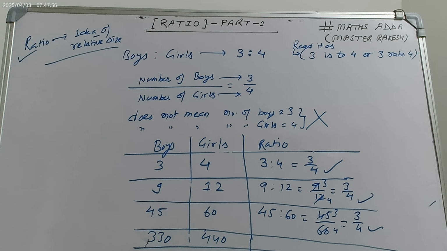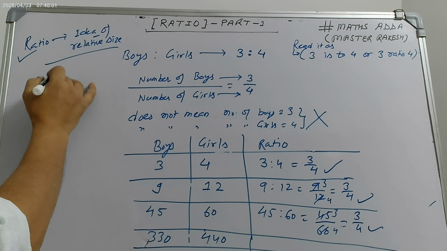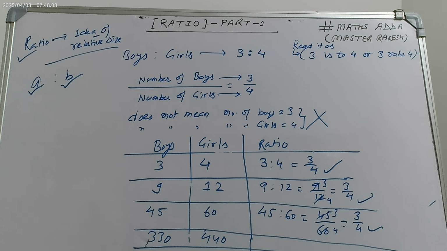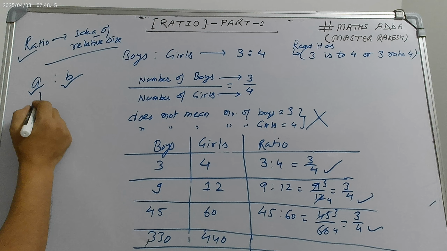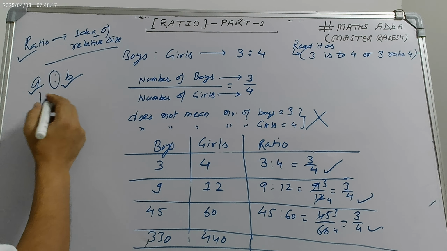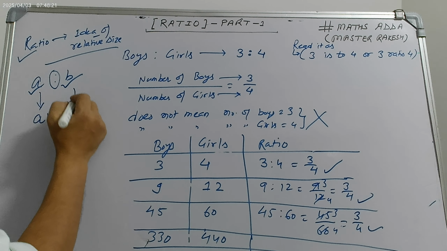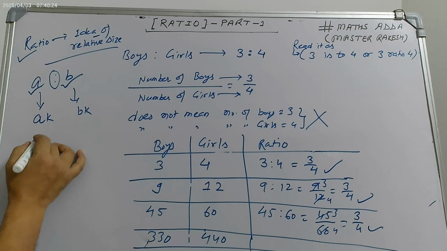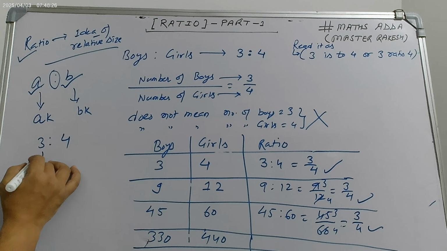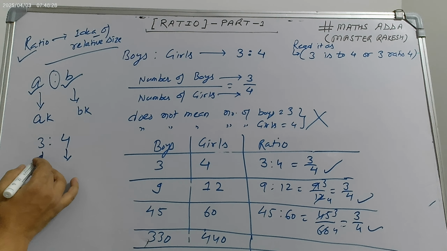If there are two variables, A ratio B, the actual values of the variables can be assumed with a constant. If we have to remove the ratio, we put some constant: A into K, B into K. Suppose 3:4, you have to put some constant value.